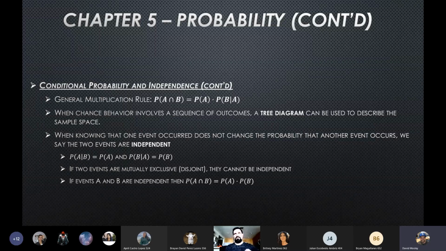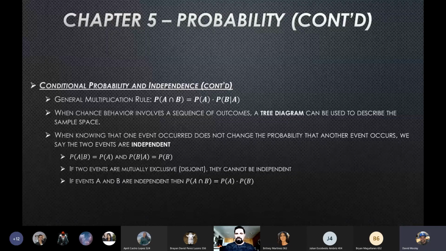If it's greater than or equal to 6, it's the other branch, and then the second roll has its own branches depending on the sum of the dice. We can have something like that happen and demonstrate it with a tree diagram.